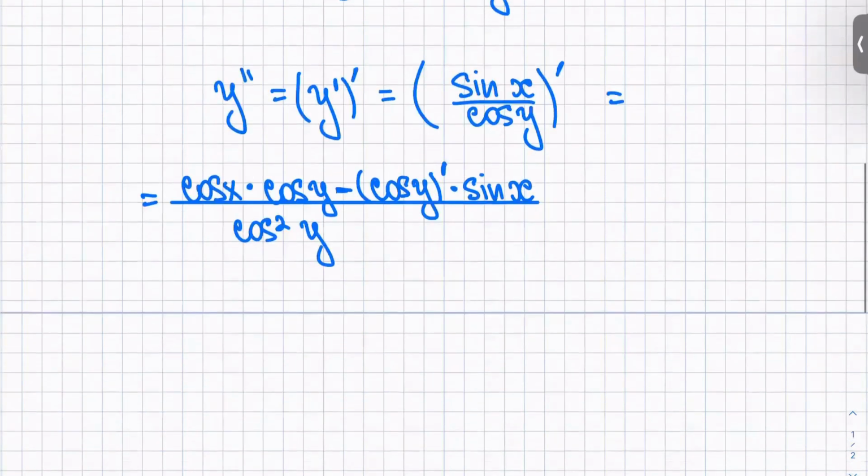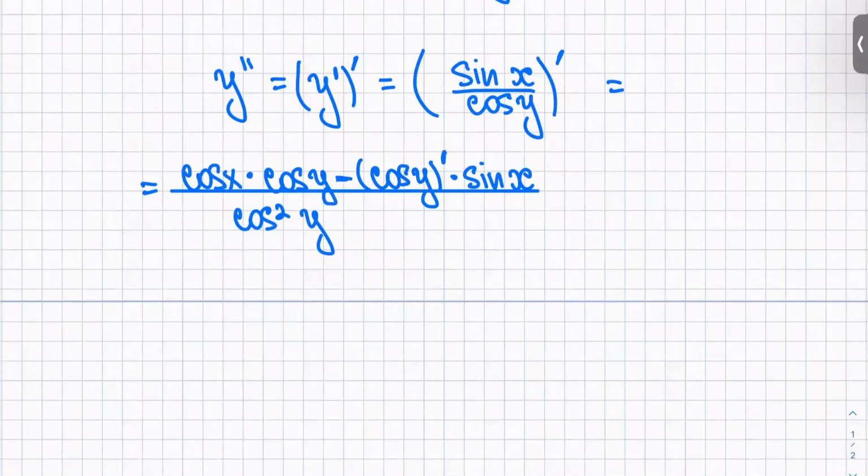So we are almost done, dear students. We just want to find the derivative of this cosine y. And this is exactly where implicit differentiation comes again, because we again have the chain rule. I'm so sorry, the chain rule. Because we have the cosine as our outer function and y here as our inner function.